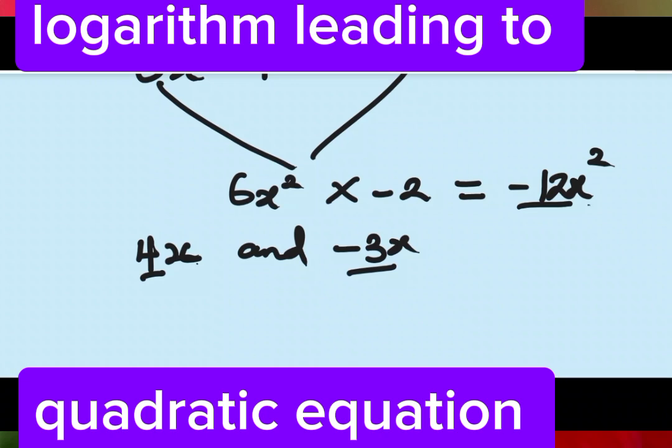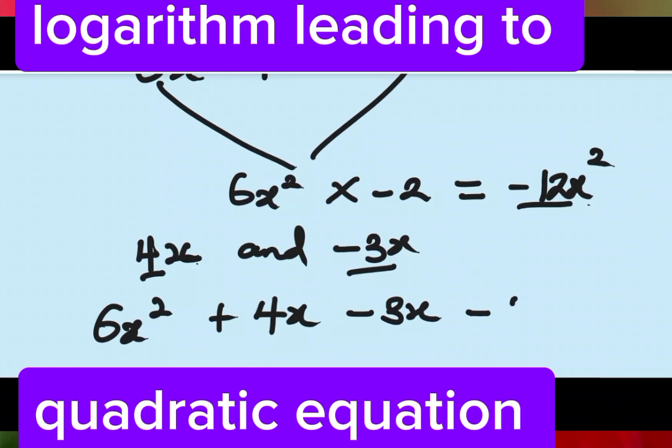Now what next? We put these two values in place of the second term. Let's do that. 6x squared plus 4x minus 3x minus 2 equals 0.